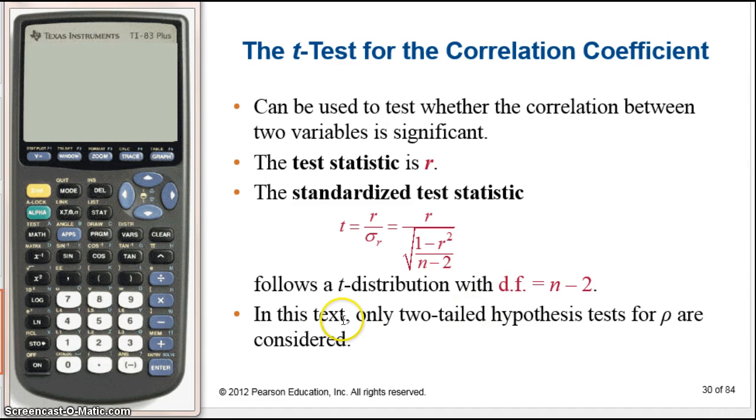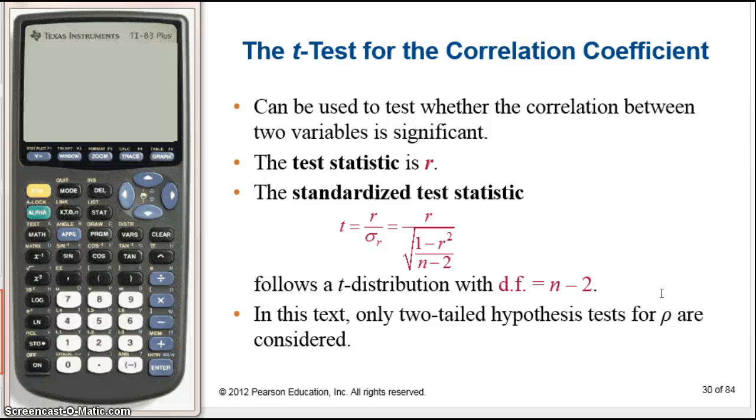And it should be noted that for a correlation test, the t distribution in terms of degrees of freedom is n minus 2. So if you have, for example, 6 pairs of data, so 6 x data points and 6 y data points, n therefore would be 6.